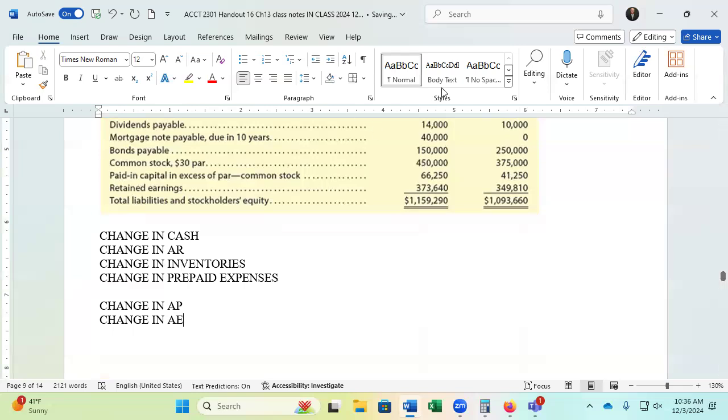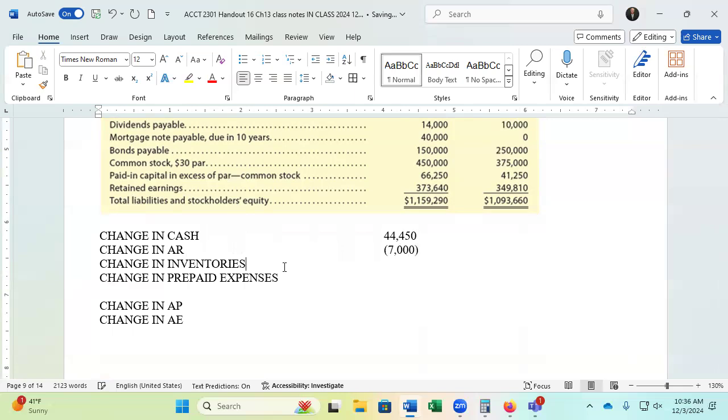Okay. So what was our change in cash? 44,450. Okay. What was our change in AR? 7,000, and it went down.